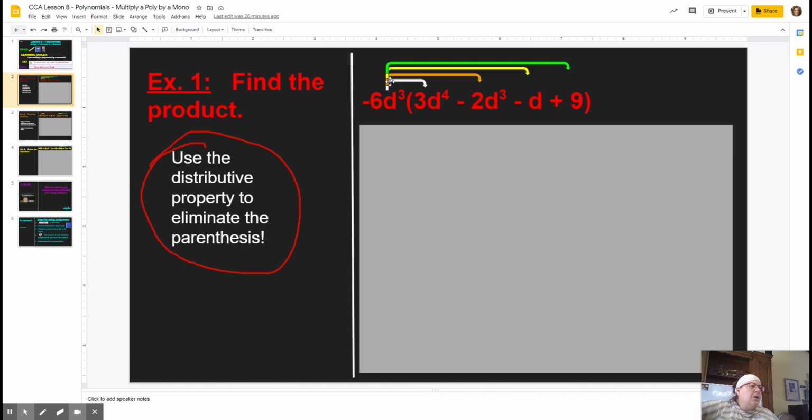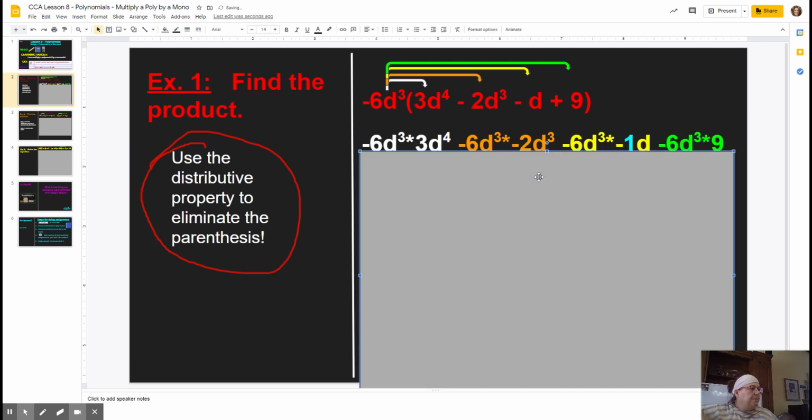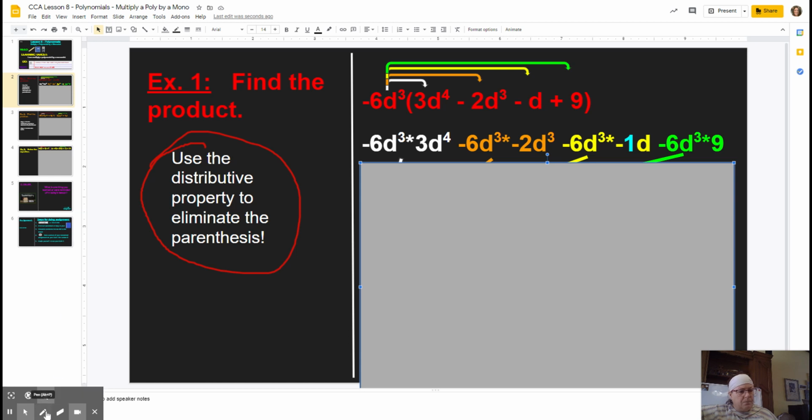Okay, so again, we're going to distribute. Distribute means to multiply. So I'm going to bring this gray box down. Now you'll see negative 6d to the third times 3d to the fourth. That's this white term. I'm just showing the distributive property.